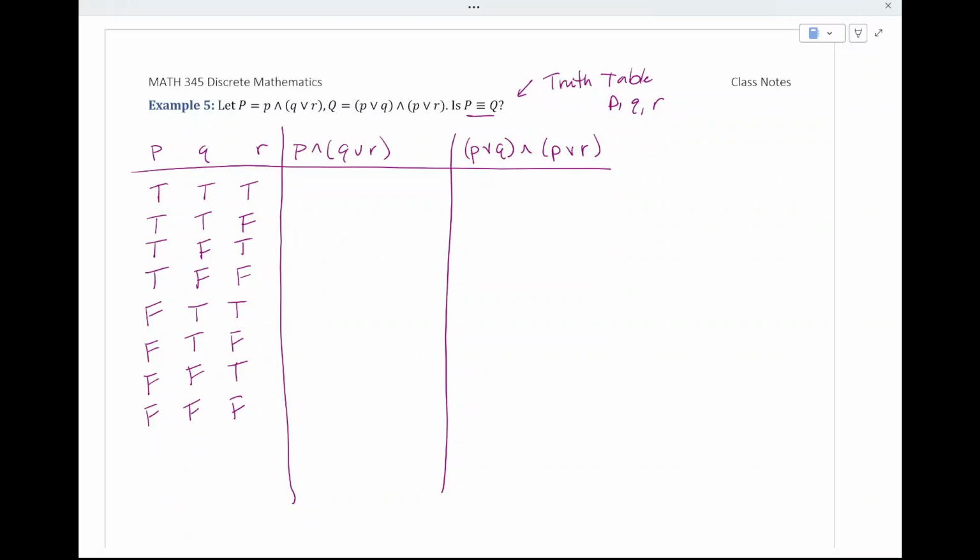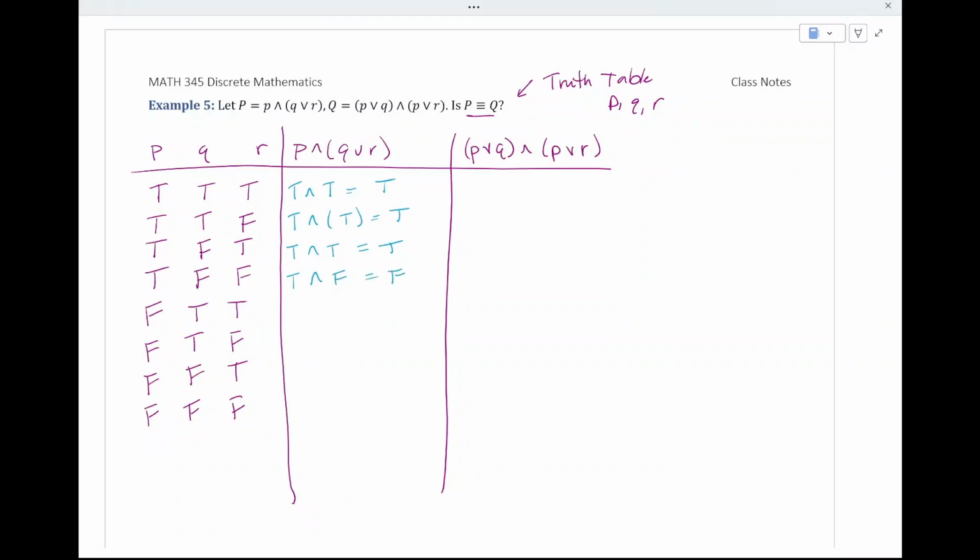Okay, here we go. P, which is true, and Q or R, which is also true. So true. P, which is true, and Q or R, which is true, is true. P, which is true, and false or true, which is true. P and false or false, which is false.